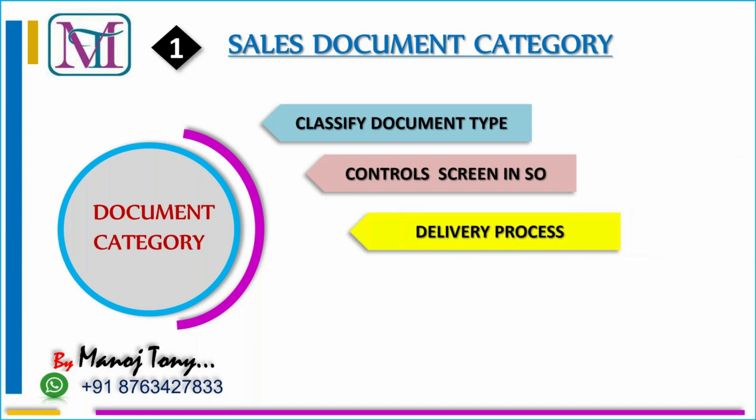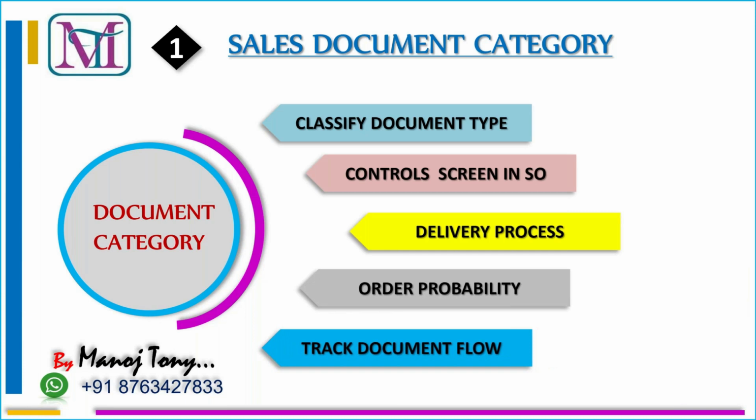Then delivery process: which process is relevant for delivery, which process is not relevant, for which process we can create the delivery directly, and for which process we cannot create delivery directly with reference to that sales document type. That will be controlled by document category. Then the impact on order probability. Then tracking the document flow. So here we have 5 major functionalities of document category.